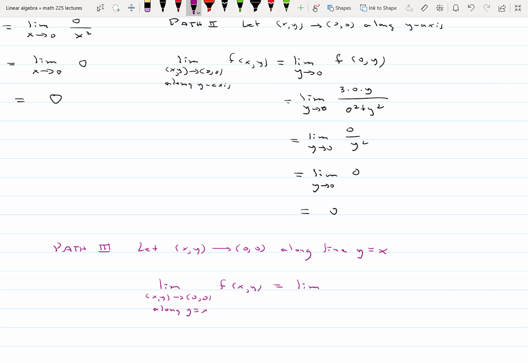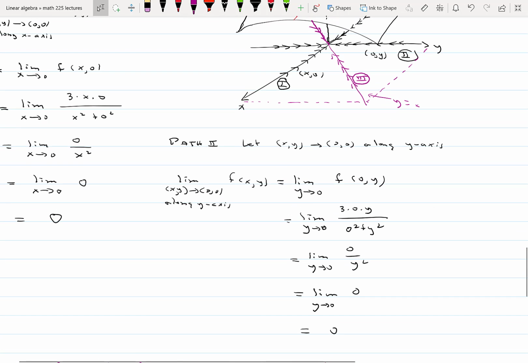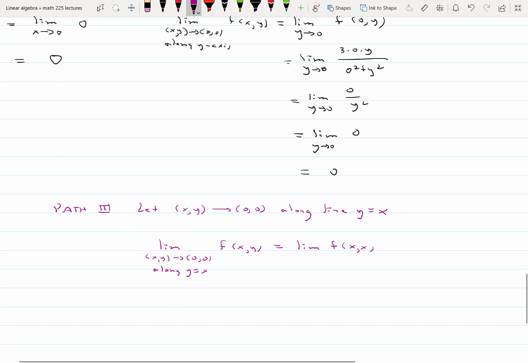What does a typical point look like along the line y equals x? It looks like the point (x, x). So the typical points are (x, x), and then we let x approach 0.